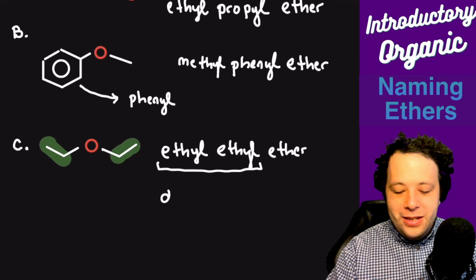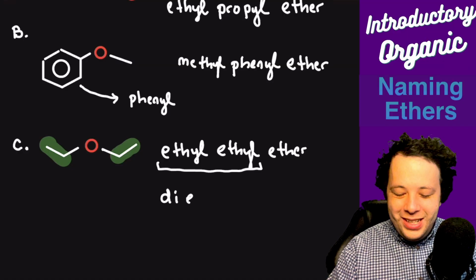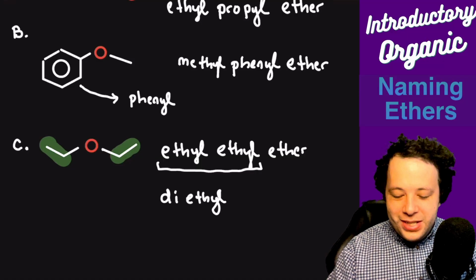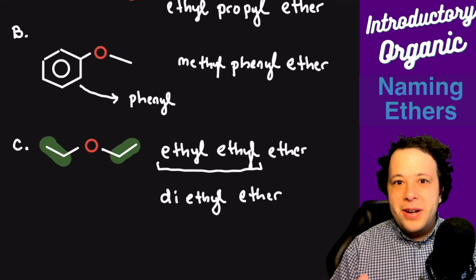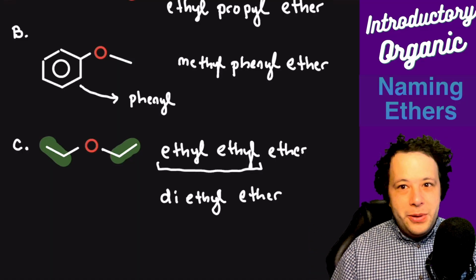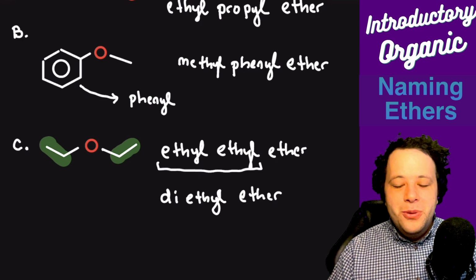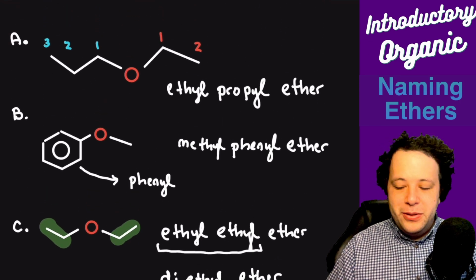So in that case, it would make diethyl ether. And that's only because they are the exact same branch. That's the only time you can do that. So you can have dipropyl, dibutyl, di whatever, but it's when you have two identical branches. So you can see common names can actually be pretty useful.